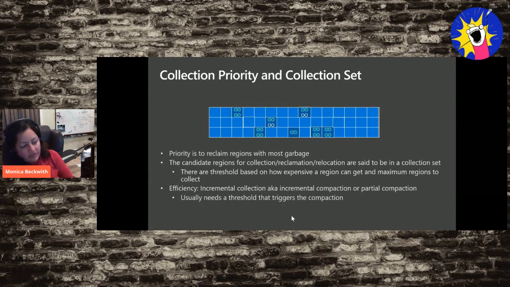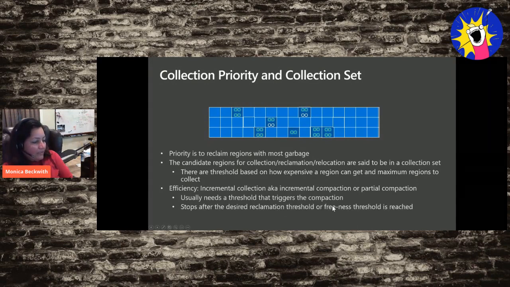The way we can do it is by having these thresholds that I've mentioned. After you reach these thresholds, you stop collection, and even if there is a bunch of garbage, it will be left behind. And that brings us back to the consideration of: let some garbage be. Okay.